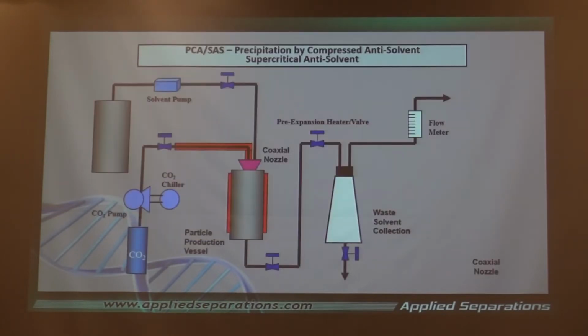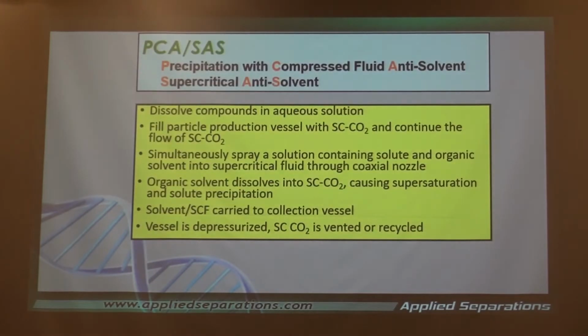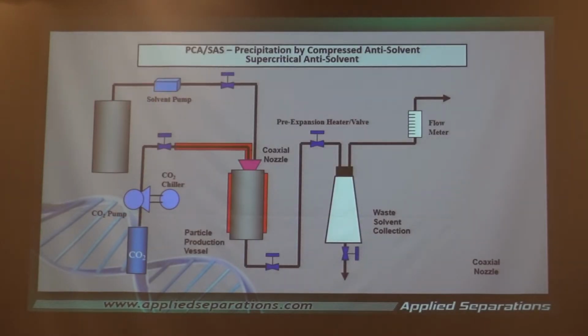So now, let's see. I just did that one, didn't I? No, okay. I want to do PCA. What we're going to do in this one is we've got CO2 flowing again.